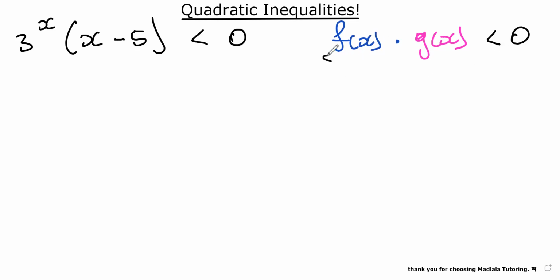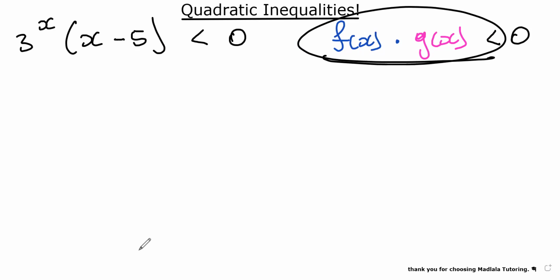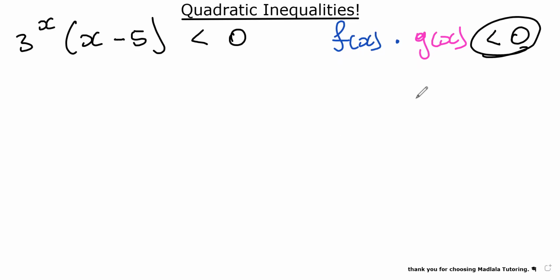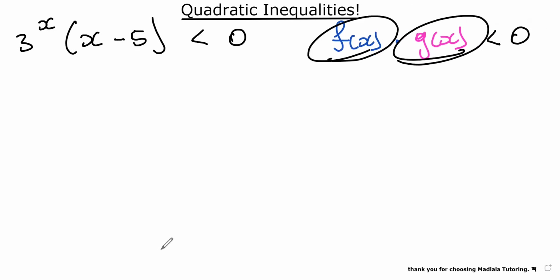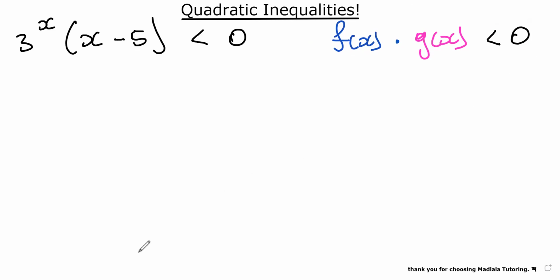So in other words, where is the product of these two functions negative? Where is the product of the y values on these two functions negative? Now the question is, what are you going to look for?